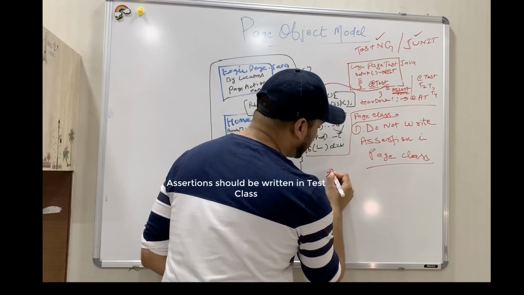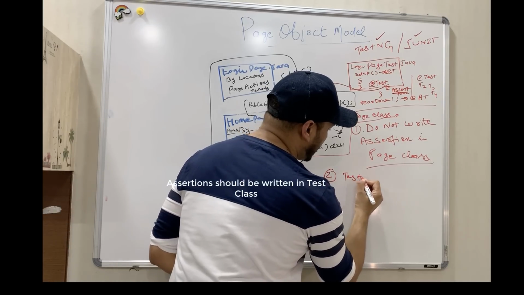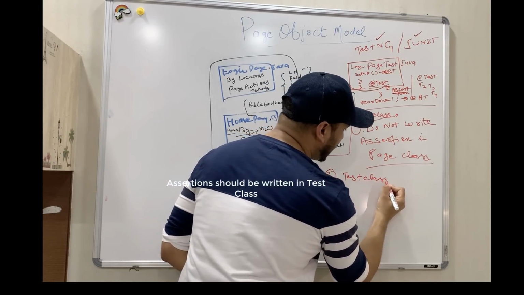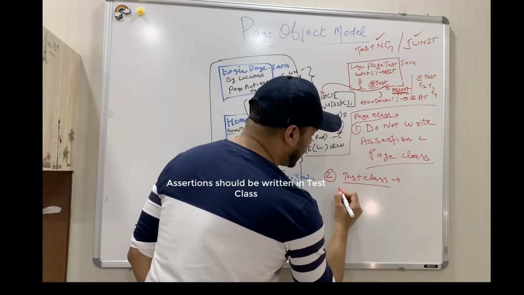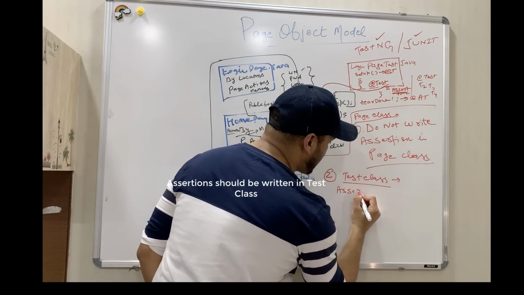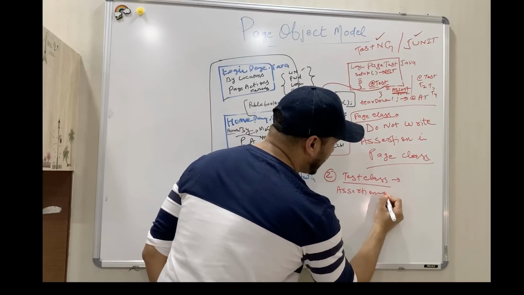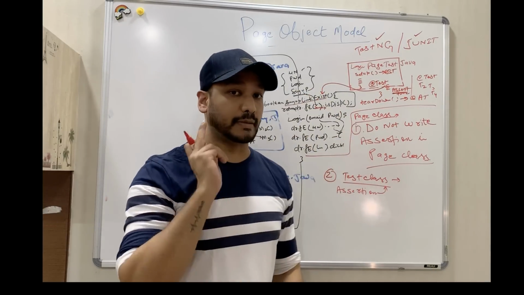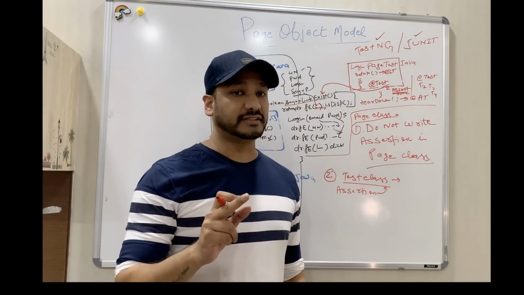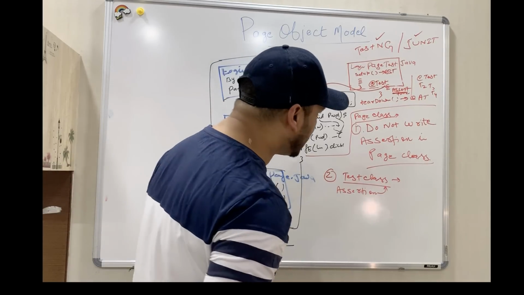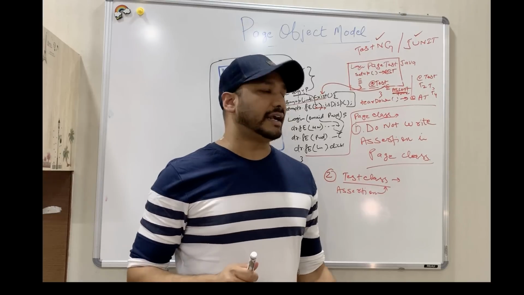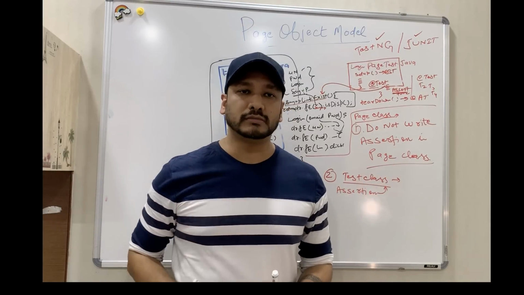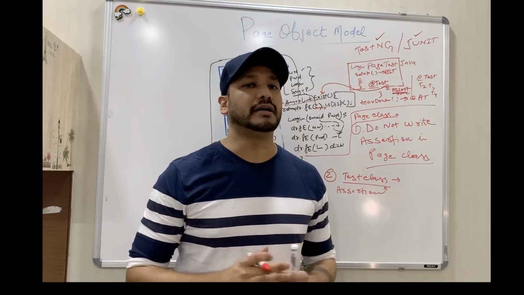So the second rule for the test class, remember one thing, is that assertion should be written in the test class. Assertion should never be written in page class. Remember this thing. If you are writing assertion, you go and check your framework in your company. If you are writing assertion in page class, you are doing it wrong according to the design pattern.